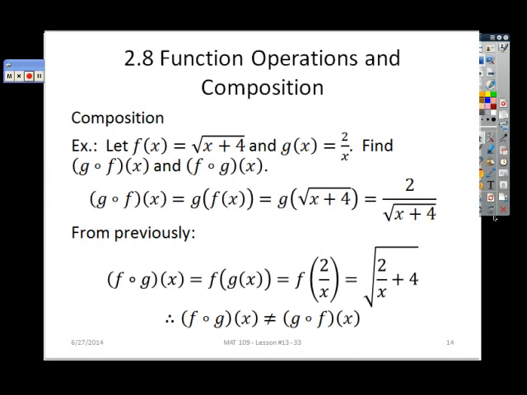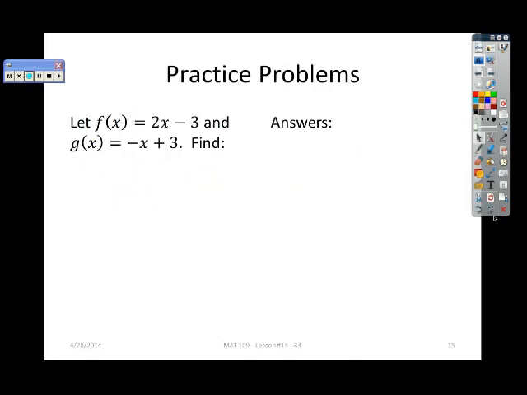That's why it's critical that you perform the operations in the proper sequence. Okay, so here are two functions. What would g of f of 3 be?